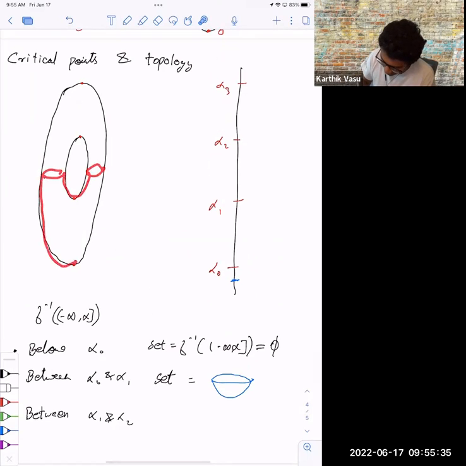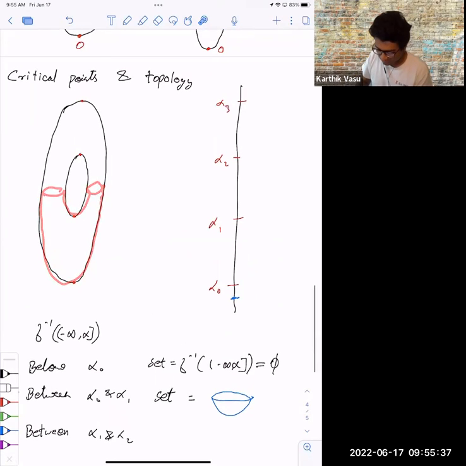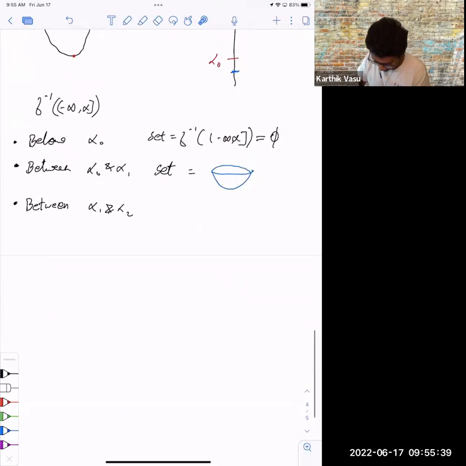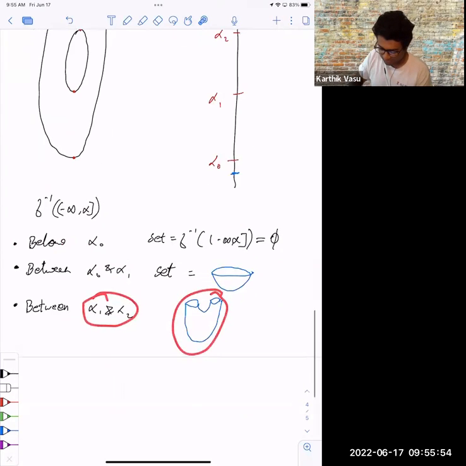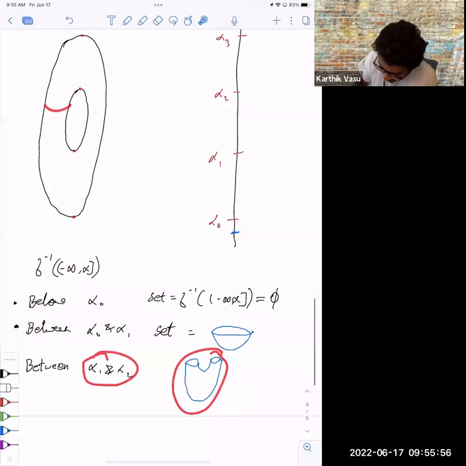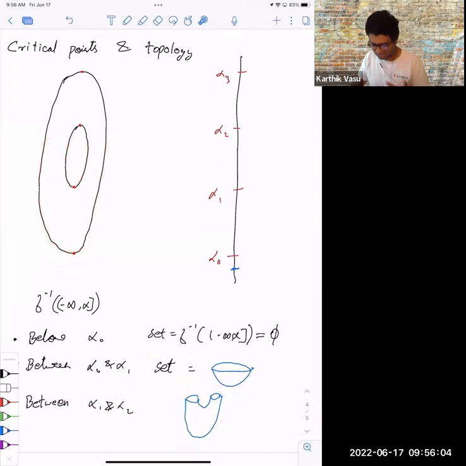This whole thing and this thing. Again, this is no longer a disk. It has two holes. It looks like this for every value between alpha 1 and alpha 2. If you just move a little higher here, it will still be the same thing, but you just added a little bit extra, which up to homeomorphism will just be the same.